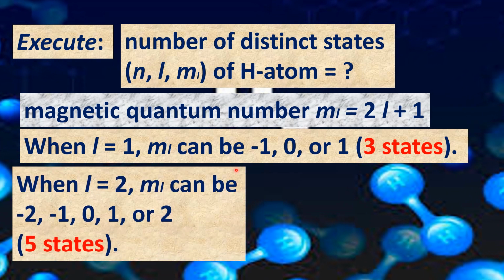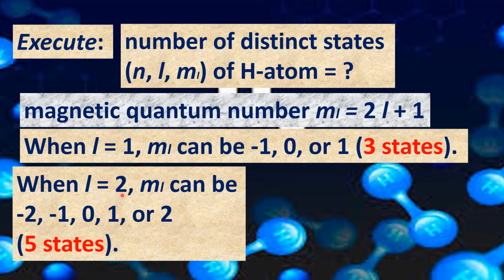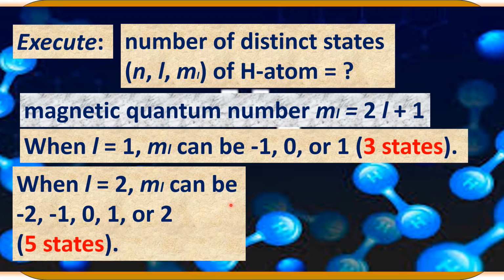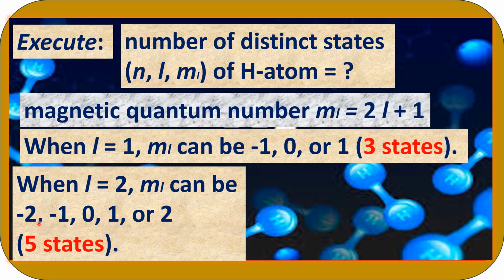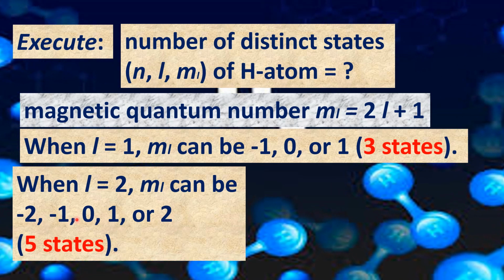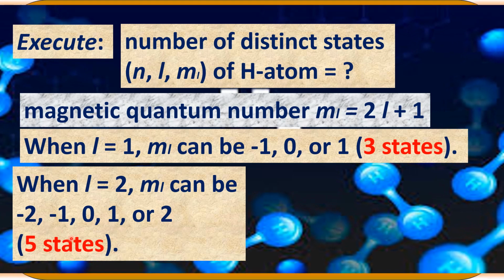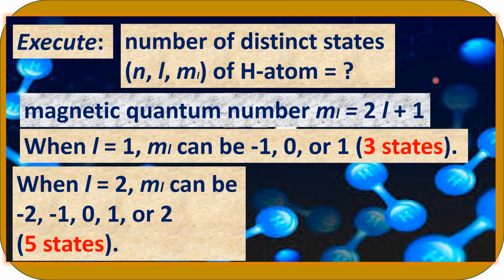Next, if l is equal to 2, m sub l can be negative 2, negative 1, 0, 1, or 2, for a total of 5 states. How do we get 5? Let's check.